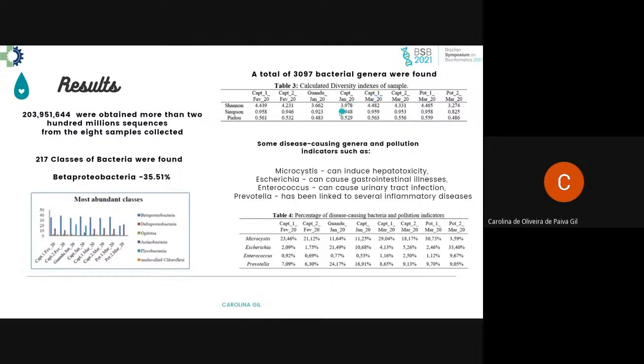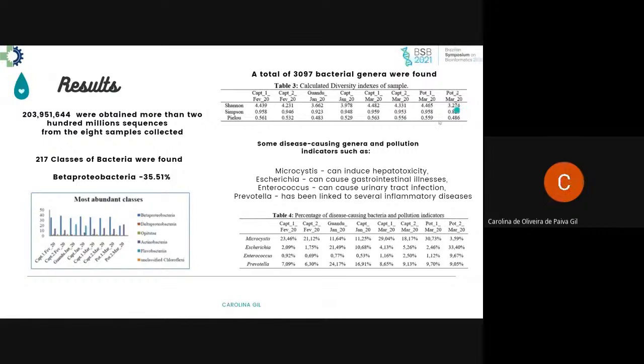And from this data, the Shannon, Simpson, and Pielou diversity indexes were calculated. The samples did not show significant difference among the indexes except Potable 2, which refers to drinking water.